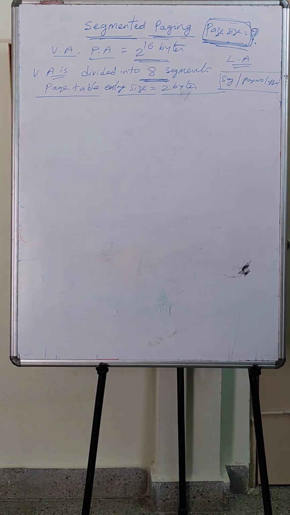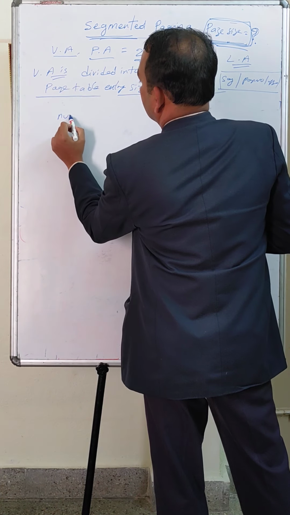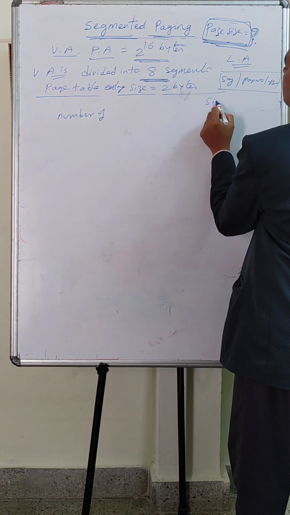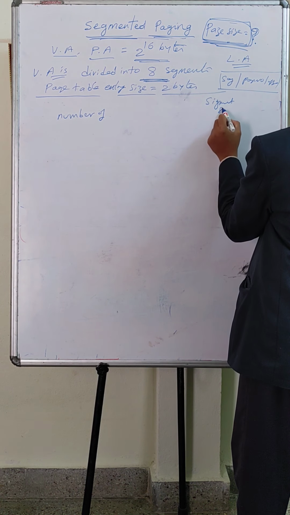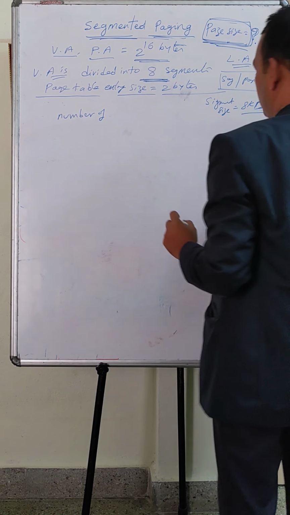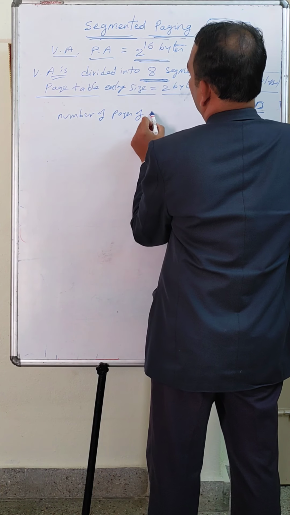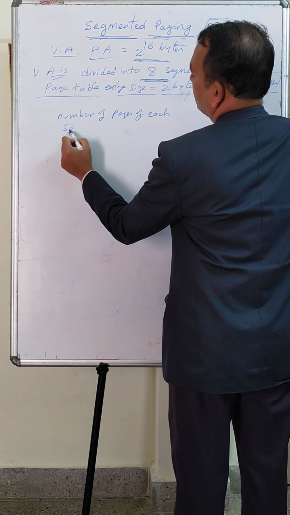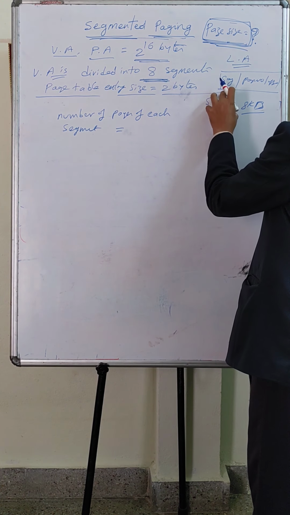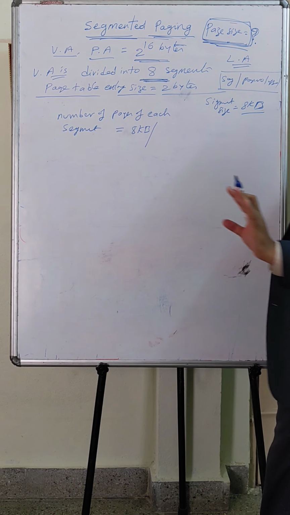Now, number of pages of each segment. The segment size is 8 KB, we found recently. Number of pages of each segment is the segment size 8 KB, but the page size we don't know.